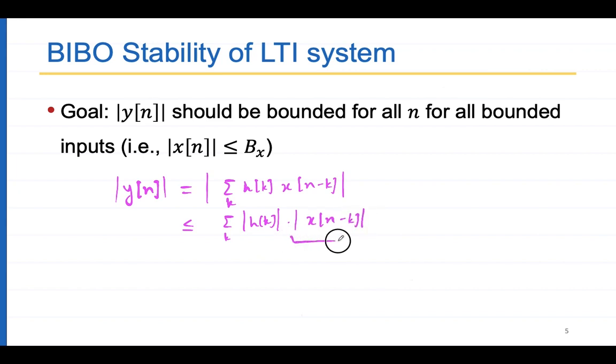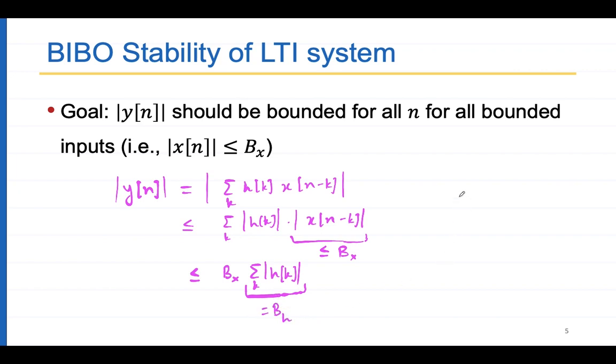Now I know this term is always bounded. This term is always less than or equal to Bx. It's given here. And so this means my RHS is less than or equal to Bx times the summation over k of the modulus of h of k. Now let's call this Bh.